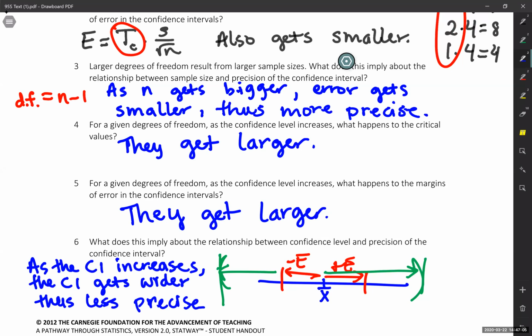So what we're saying is the bigger the interval, the less precise the interval is going to be.